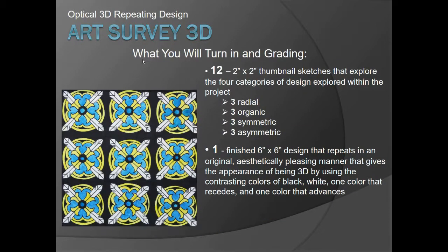A successful completed example will either be a 3D repeated design that is painted using watercolor, such as the example here, that explores the 4 different types of design: radial design, organic design, symmetric design, and asymmetric design, and then creates a repeated pattern from one of those types of design that uses contrasting colors, one warm color and one cool color, to create the illusion of depth.